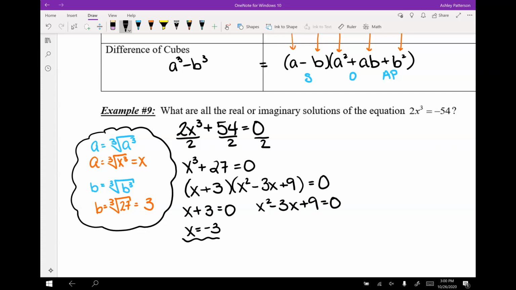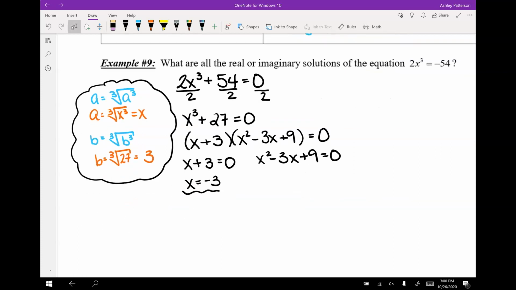When you use the sum or difference of cubes factoring pattern, the trinomial that results from this pattern will never factor. Ever, ever, ever. So you might want to write that down. The trinomial that results from this factoring pattern will not factor. We will always have to either use completing the square or the quadratic formula.